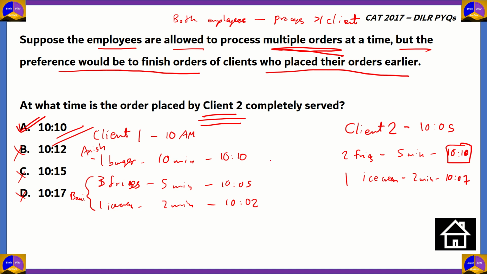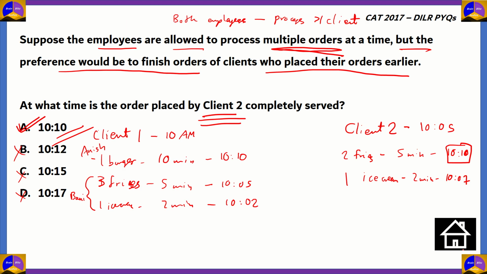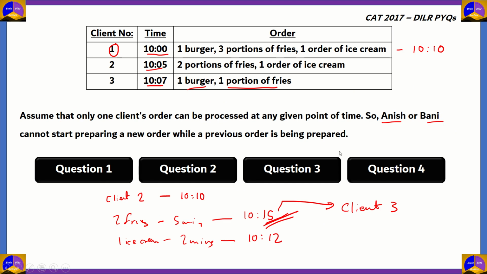Now let's go back to the previous question. It says client 1 was served at 10 a.m. Client 2 was served at 10:05. Client 3 began his order at 10:07, if you look at it correctly. So client 3, 10:07, 1 burger, 1 portion of fries.